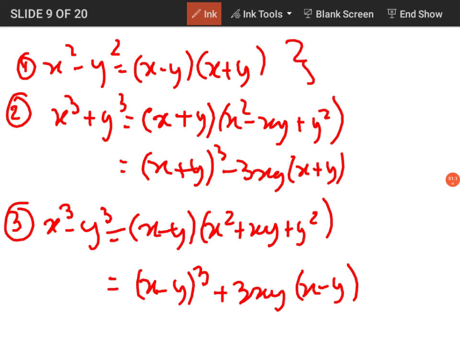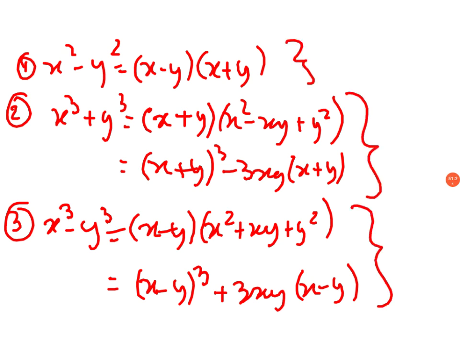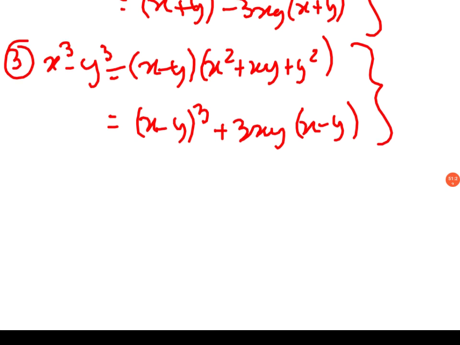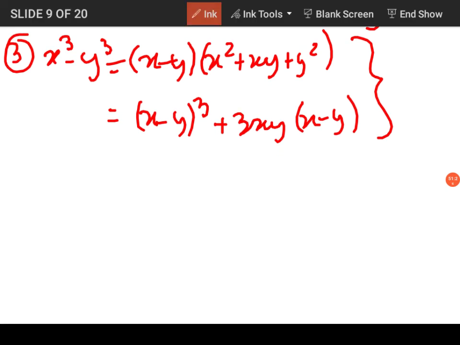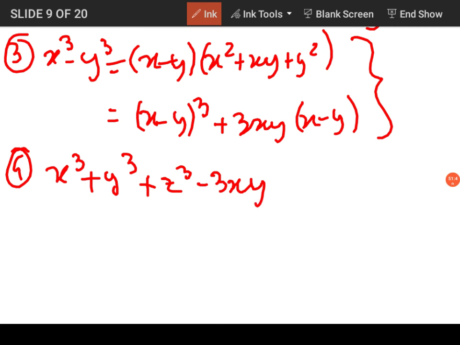Remember this, these are very useful, very simple to remember. Now next one, okay, up to the three identities were okay, but from the fourth the identities are very important, very important. You have seen these identities before as well. This one, very important identity.